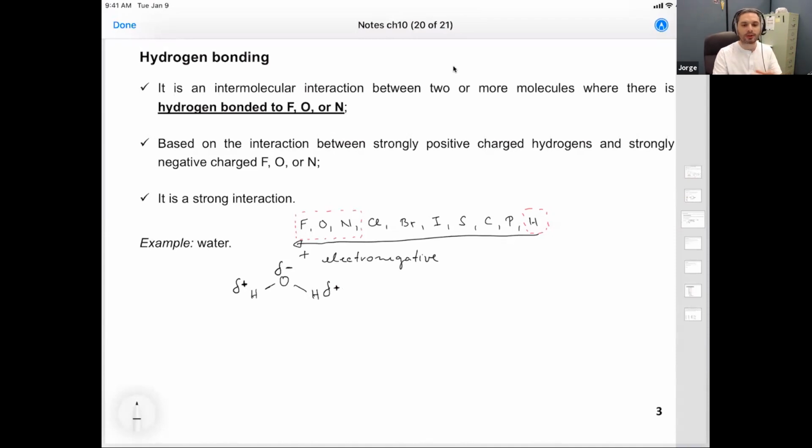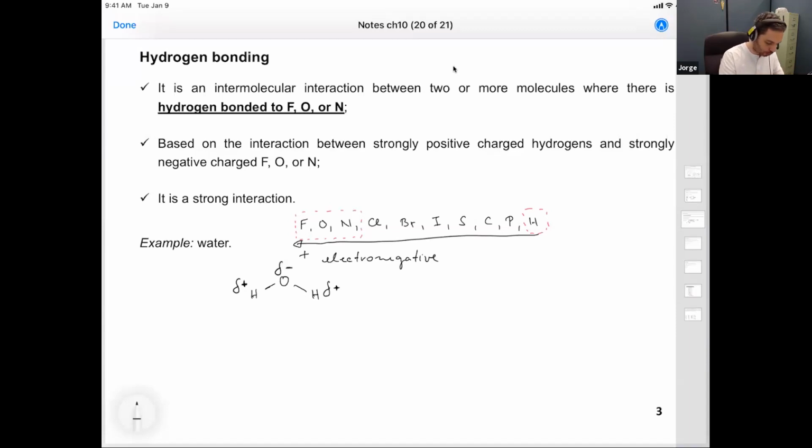Okay, so the huge electronegativity difference when we compare fluorine, oxygen, and nitrogen with hydrogen will create very strong poles in the molecule.